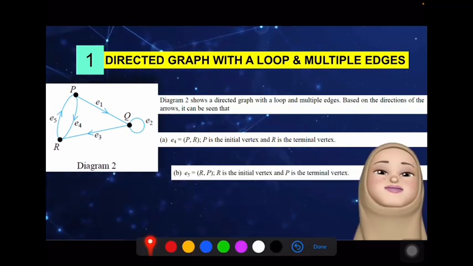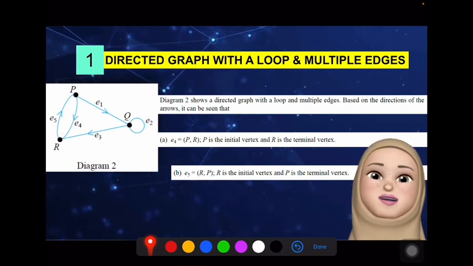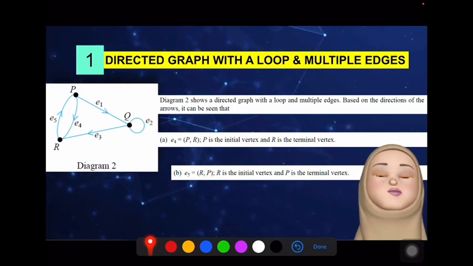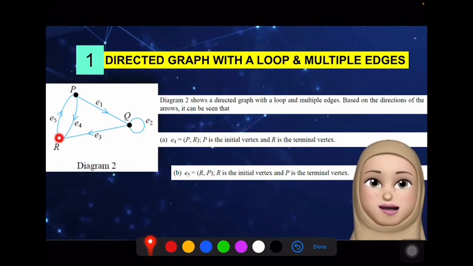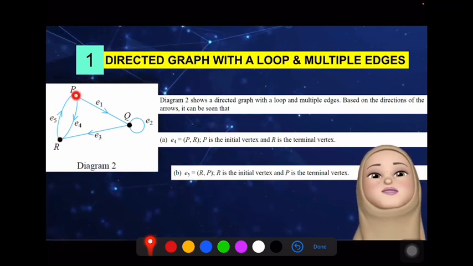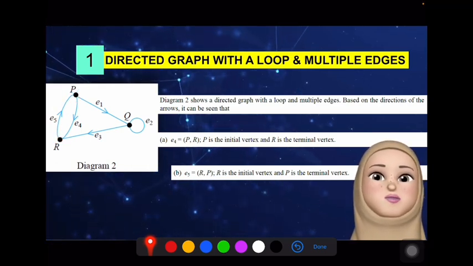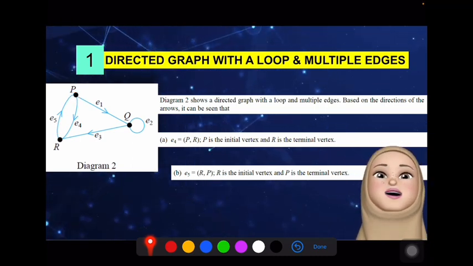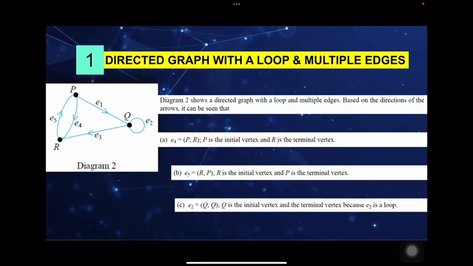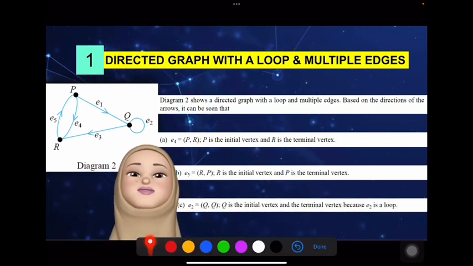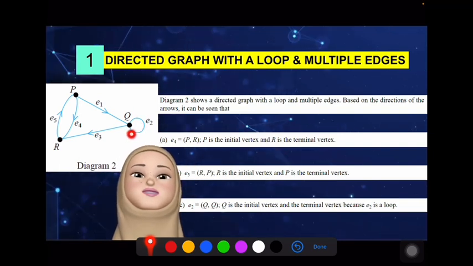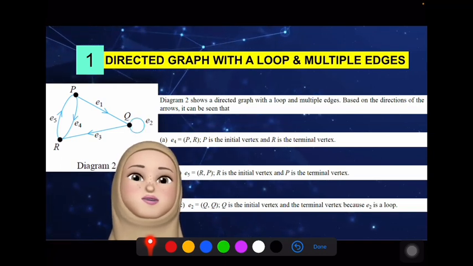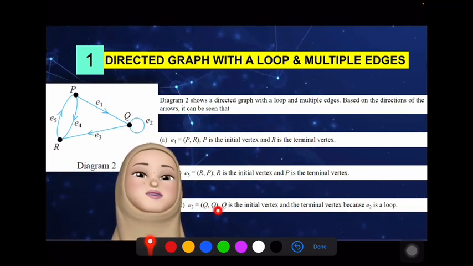And for E5, it can also be written in coordinate form as (R, P), where R is the initial vertex and P is the terminal vertex, where the arrow is going into vertex P. And the same thing for E2, which can also be written in coordinate form, which is (Q, Q).